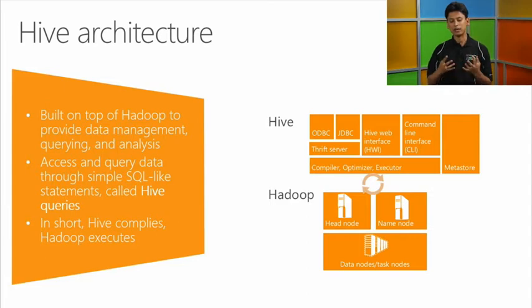Now, as you'd imagine, because Hive is very similar to SQL, it makes sense that you would have something like an ODBC driver for Hive. What that basically does is that if your application is using ODBC or can use ODBC, now it can fire Hive queries through ODBC and get data from Hadoop or run queries on Hadoop, which is a huge win.